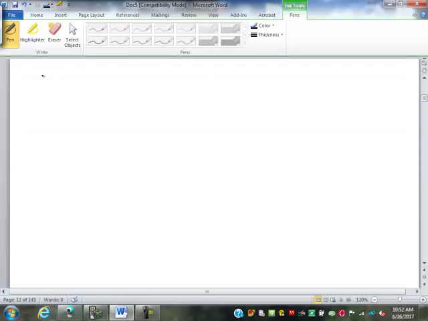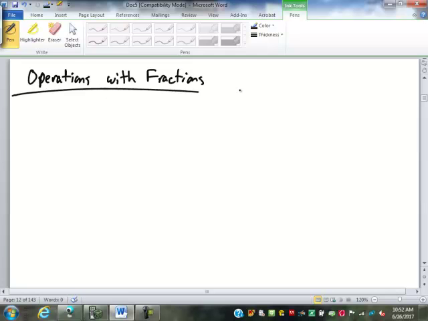Okay, let's look at operations with fractions. So, when we're looking at fractions, we had mentioned way back on the first day that something like 3/4 plus 1/5 couldn't be added.